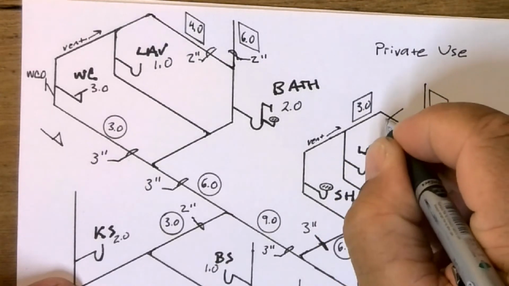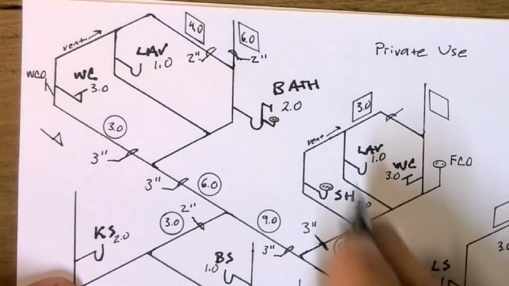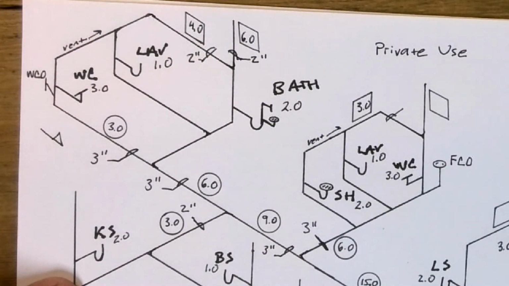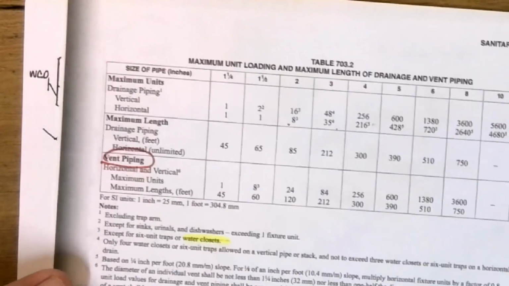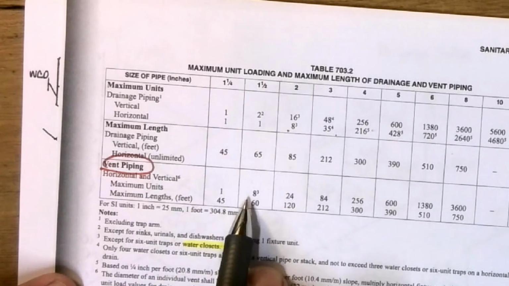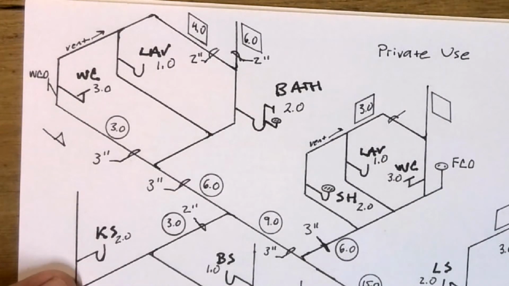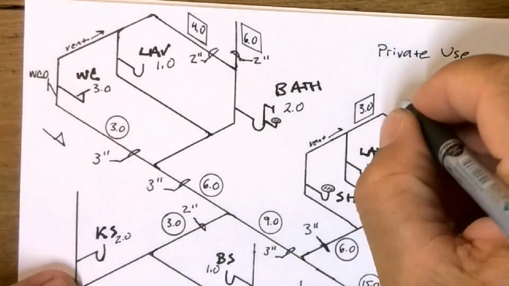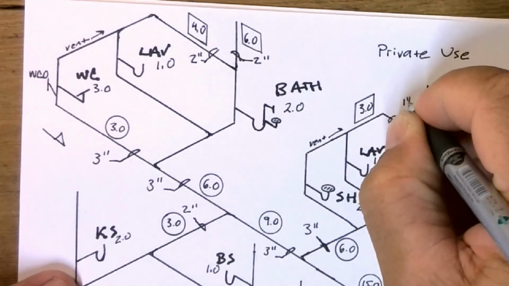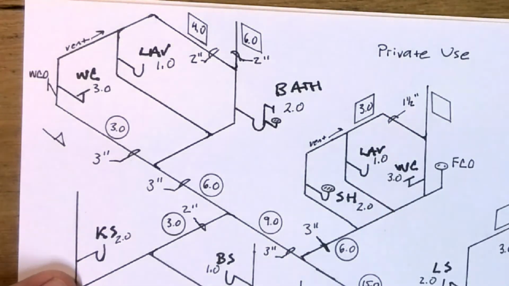And because it's 3 fixture units and no water closet is present, I can use 1.5-inch vent. So this is going to be 1.5 inches.